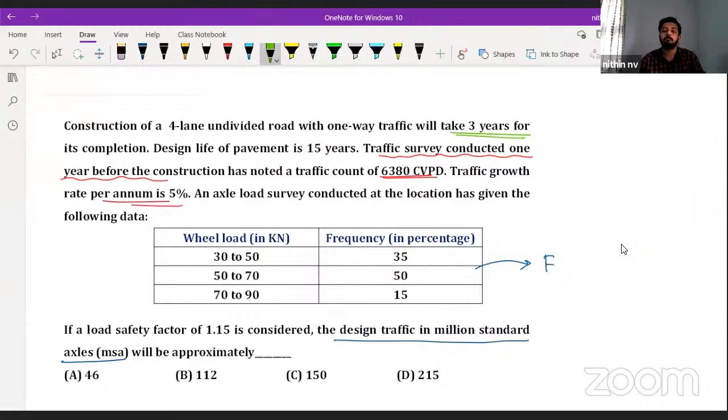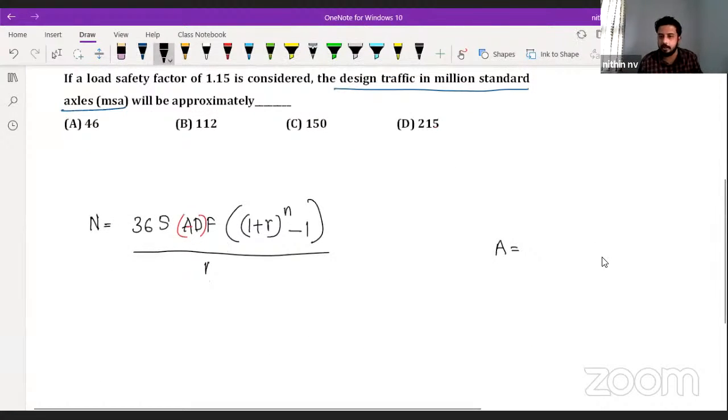Which means 1 year before it was 6,380, and at present we don't know how much it is. The road construction will take again 3 years, which means 1 year before, and now 3 years in the future. So totally a 4 year gap is there between this already existing count and the future traffic. Are you understanding?